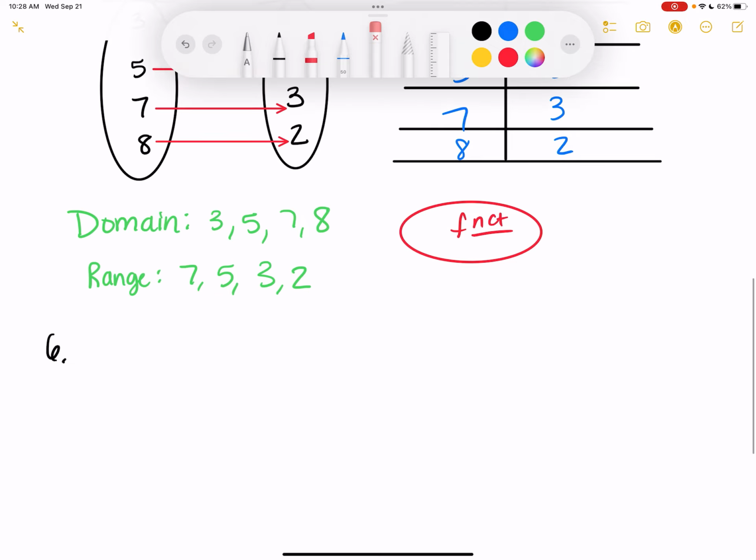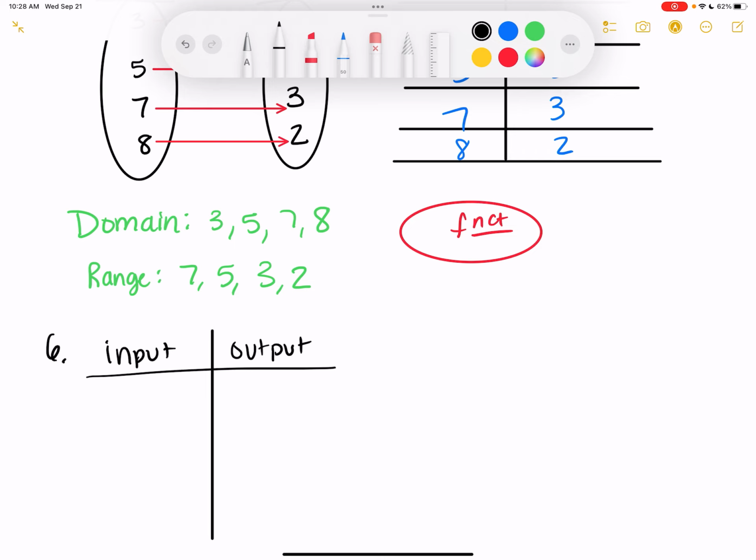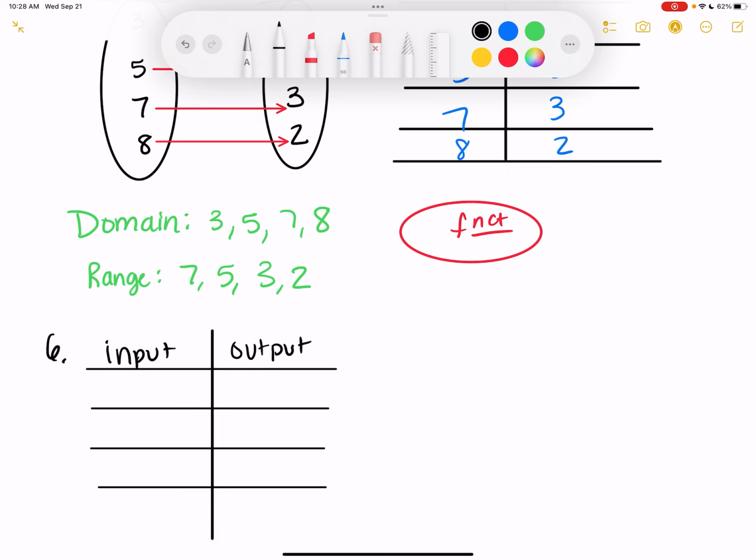They have input, output, and it's a table. The numbers are going down 0, 1, 2, 3, and then 7.5, 9.5, 11.5, and 13.5.